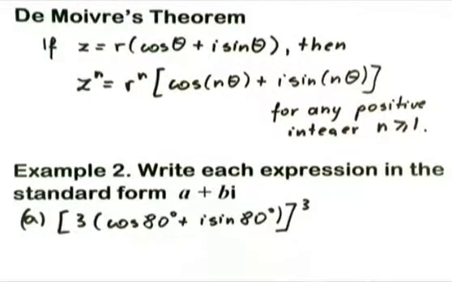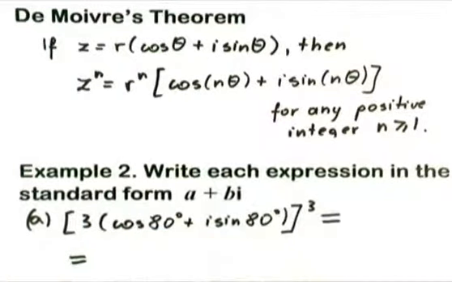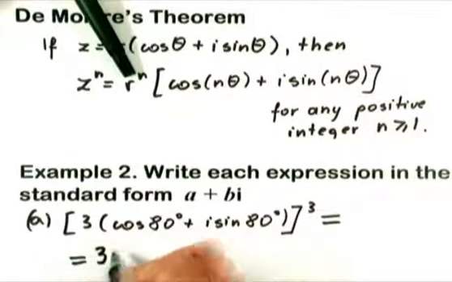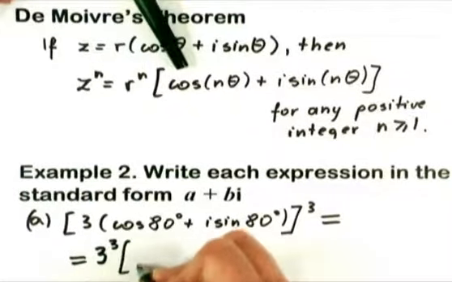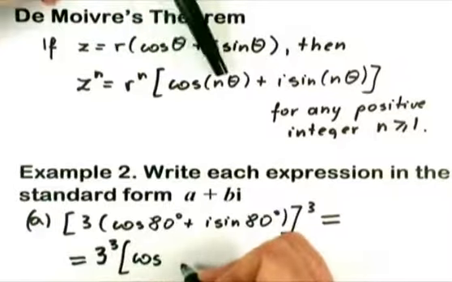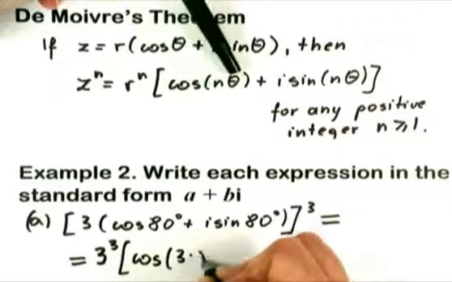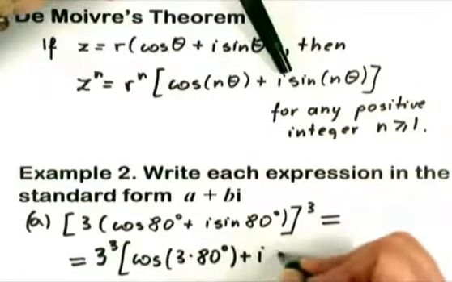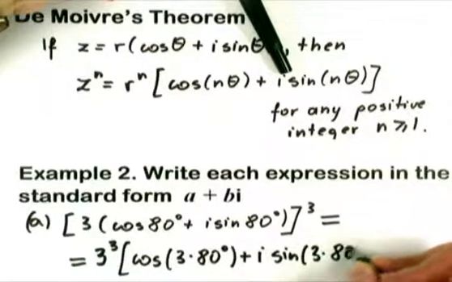So this is equal to, by the theorem above, we have r, which is my number here, so it's 3 to the power of 3, times cos, and now my power is 3, so 3 times the angle 80 degrees, plus i sine 3 times the angle 80 degrees.